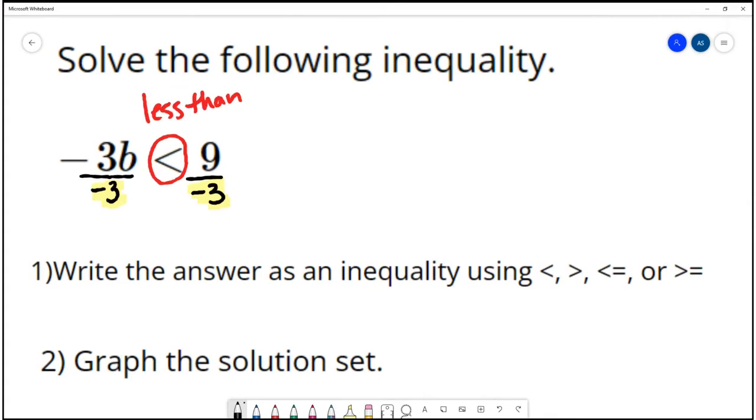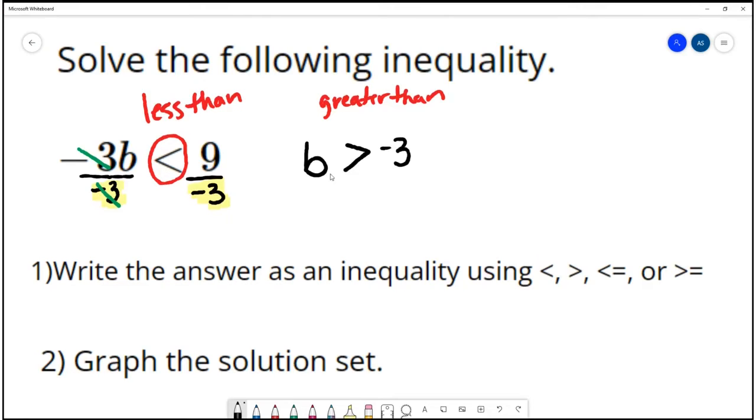So on the left-hand side, the negative 3 multiplication and the negative 3 division cancel each other out, leaving me with b on the left-hand side. We're going to reverse that inequality symbol to become a greater than. And 9 divided by negative 3 is negative 3.